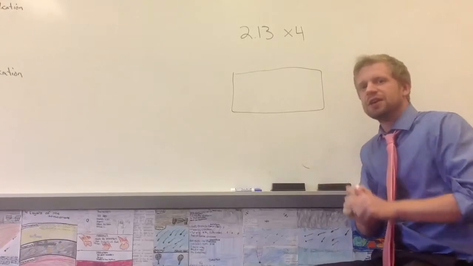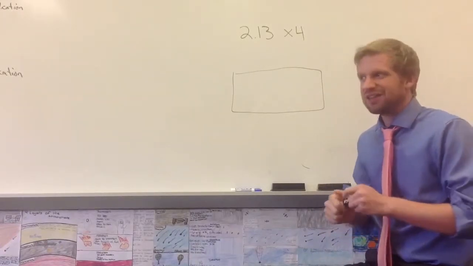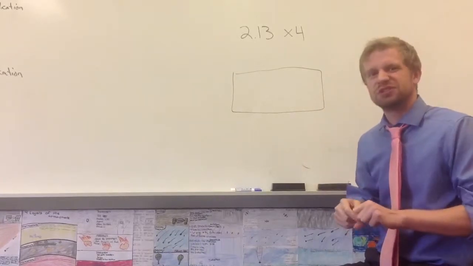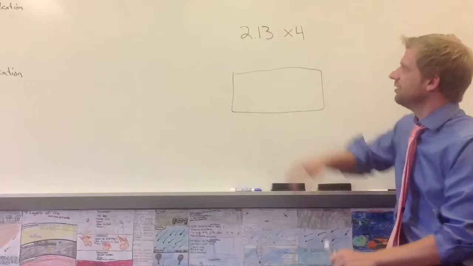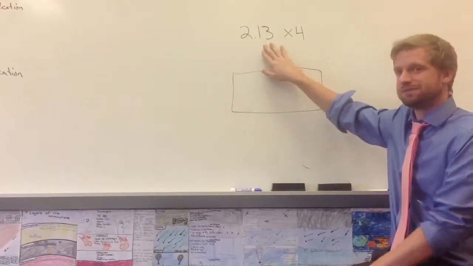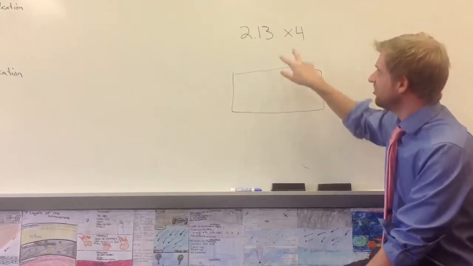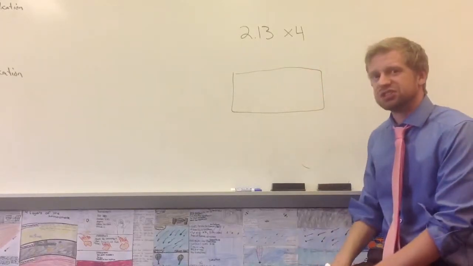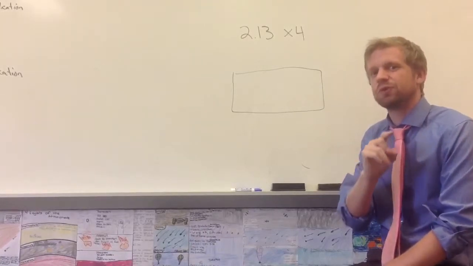Then we're going to look at which number has the most digits, because it's the easiest way to do multiplying using the area model. So I'm going to look at 2 and 1300ths, and I'm looking at 4. We're going to ask ourselves, which one of these numbers has the most digits? And let me remind you, digits is another word for number.